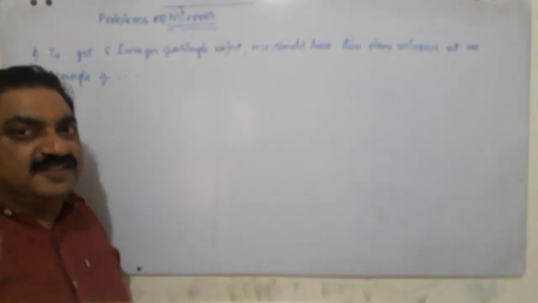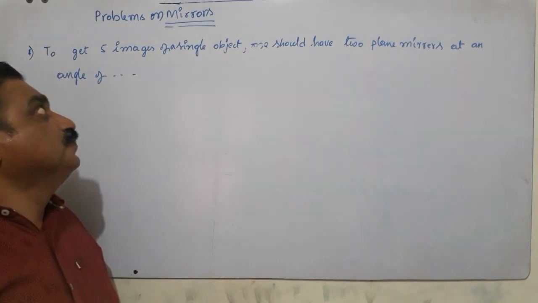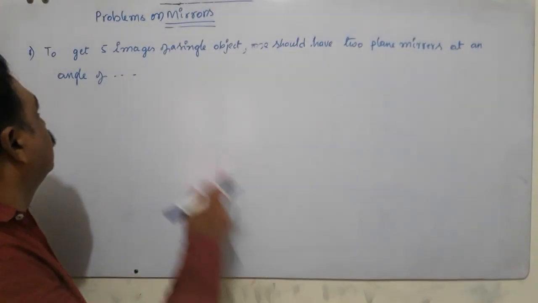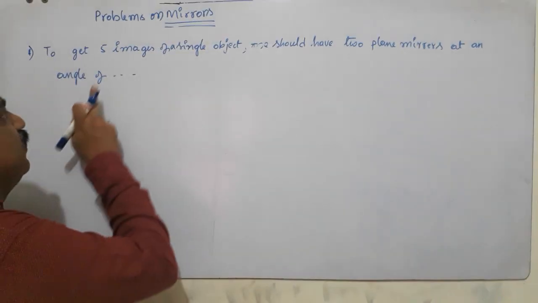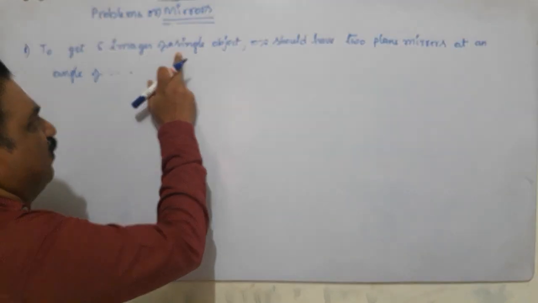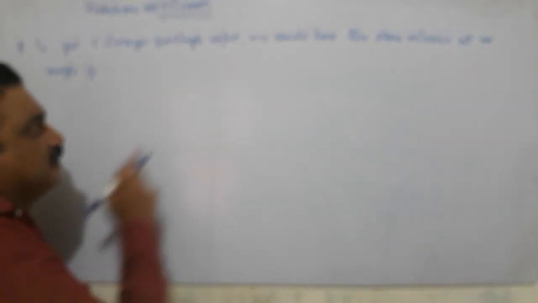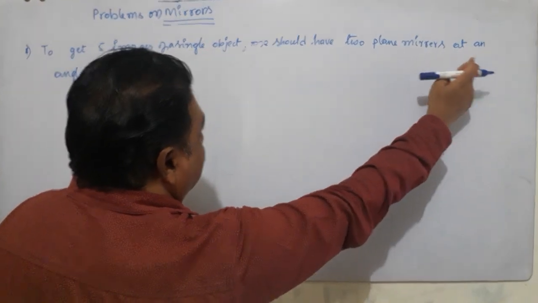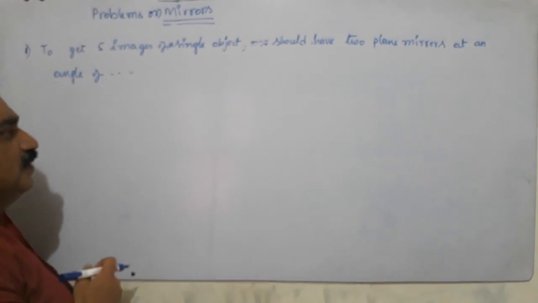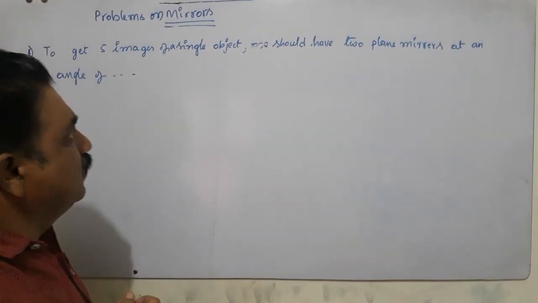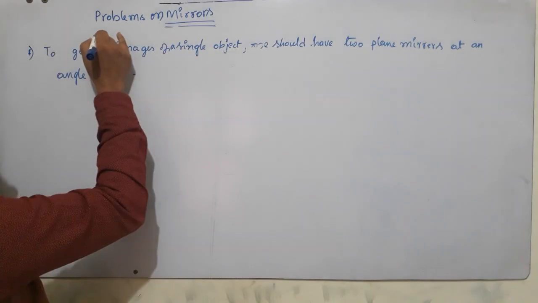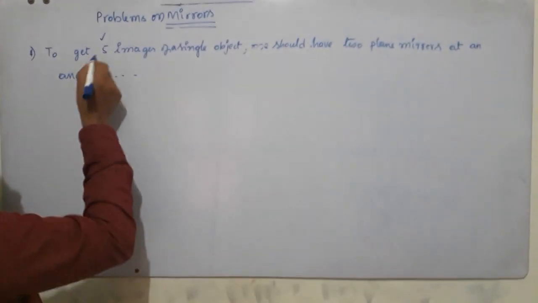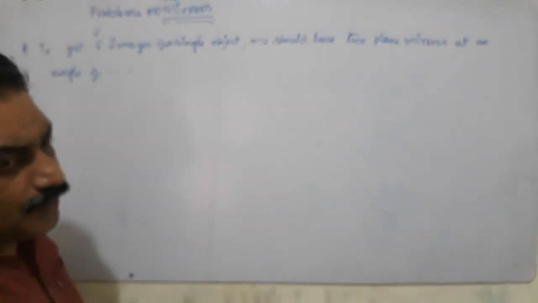Let's see some example problems. Now we are going to see: to get 5 images of a single object, one should have two plane mirrors at what angle? See here, the number of images equals 5, an odd number.